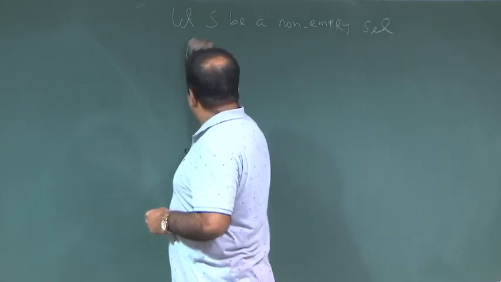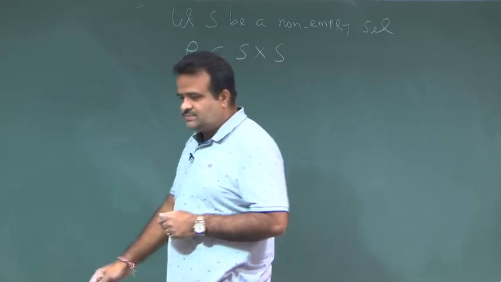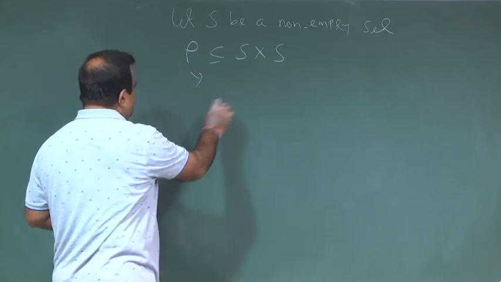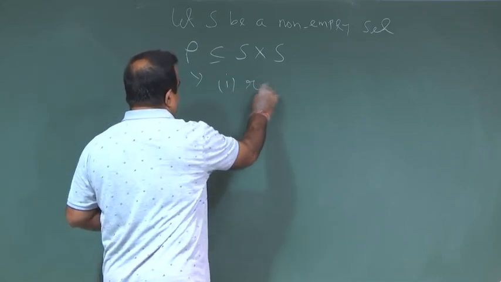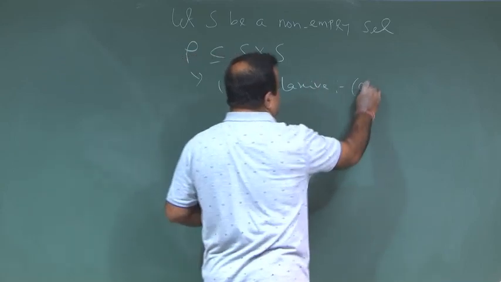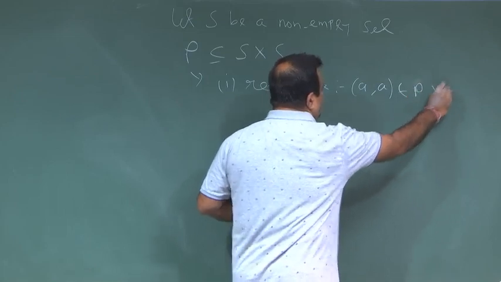Then we know that a binary relation is basically a subset of the Cartesian product. Any subset of the Cartesian product is a relation. Now we call this relation an equivalence relation if it is reflexive. That means (a, a) belongs to rho for all a.